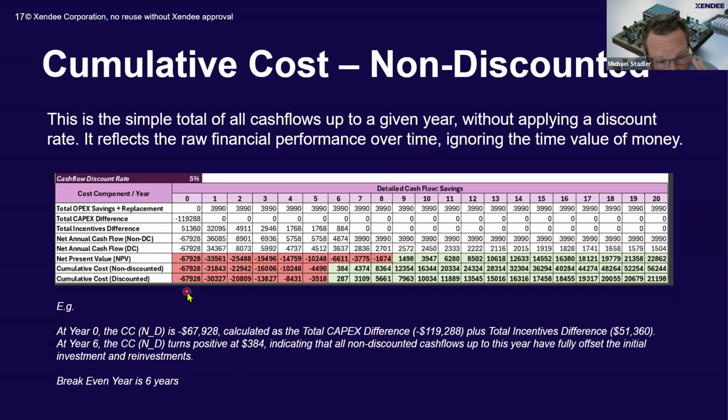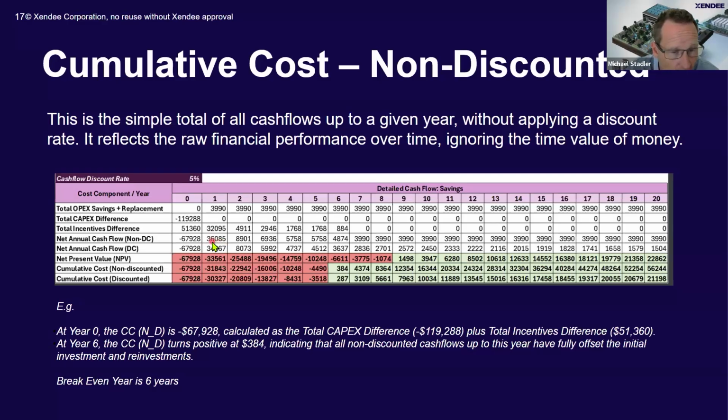So let's do year 1, and I need to think about this myself. So again, the net annual cash flow non-discounted is 36,085, which is just the sum of the 2 positive income values, 3,990 at the top and 32,095. So this is the cash flow in this year, non-discounted.